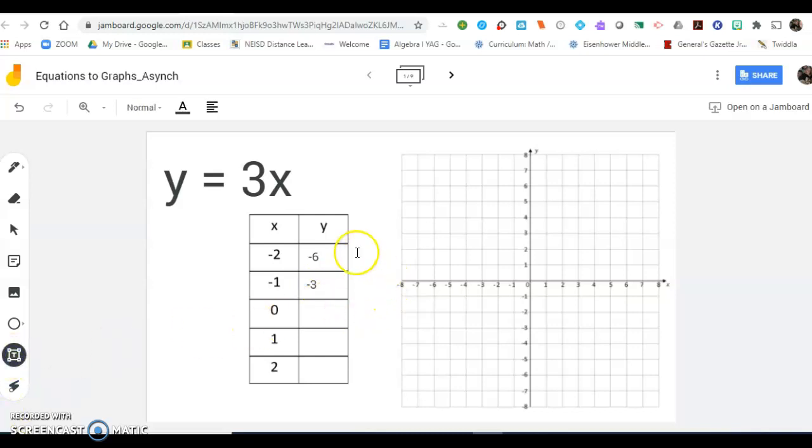Remember, we even created those points: (-2, -6) and then our next one was (-1, -3). From right here, to fill in the rest of the table, I'm going to direct you to Google Classroom to open up your Desmos calculator.